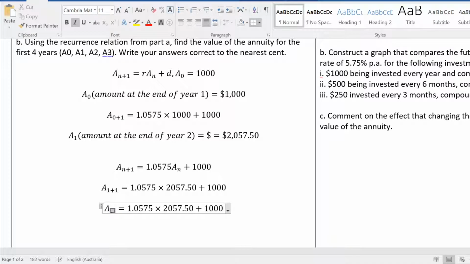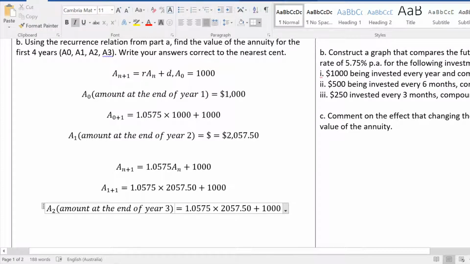Another word for A2, as we've just discussed, is the amount at the end of year 3. So putting that in. Now remember, as I said earlier, the reason we're adding 1,000 and not calculating interest on that 1,000 is because it's added at the end of the year.